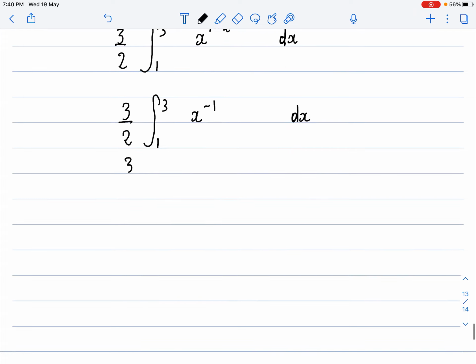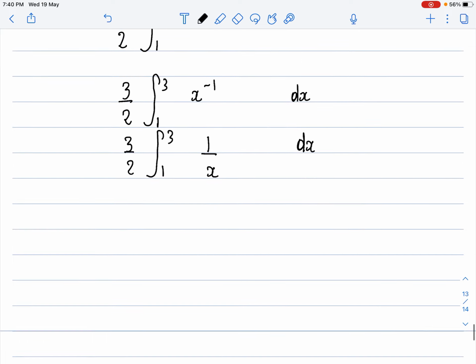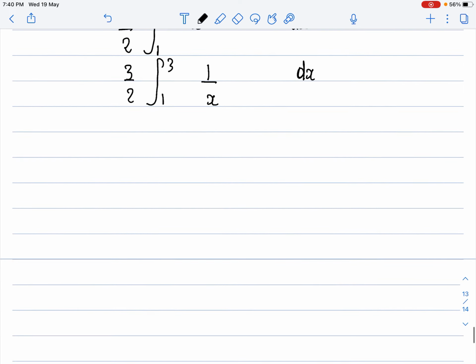So I have 3 over 2 with the integration from 1 to 3 of 1 over x dx, correct? So now I can simply write this as 3 over 2, and the integration of 1 over x is simply ln x, correct? So now I have my limits from 1 to 3.